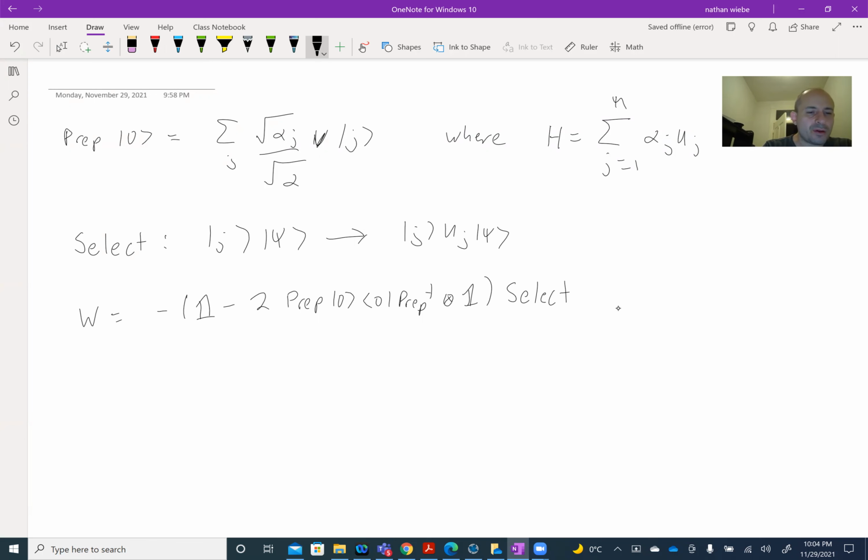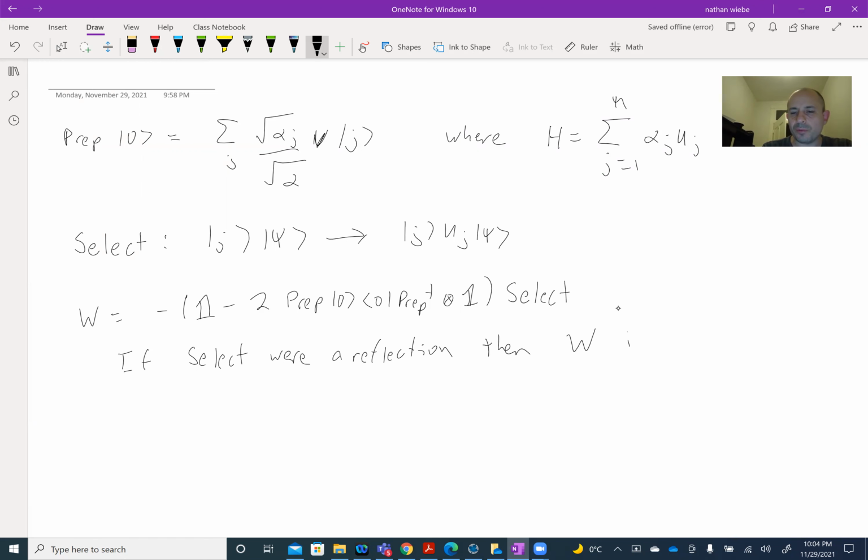So if select were a reflection, then this whole operation will actually take the form of an amplitude amplification like circuit.